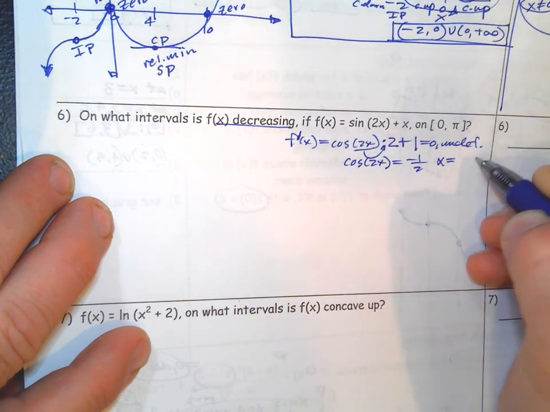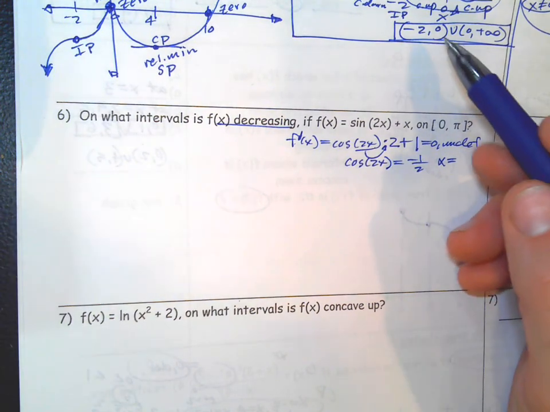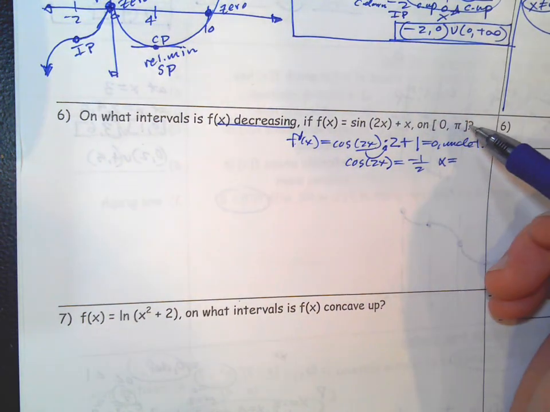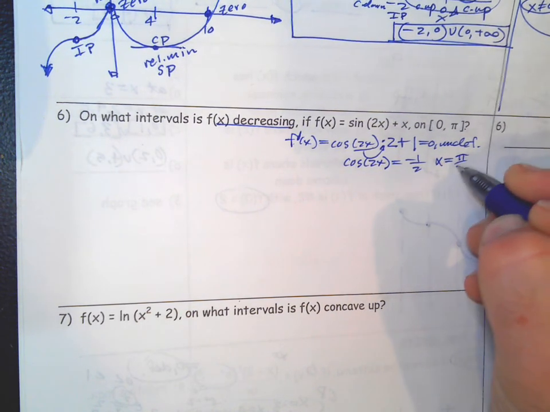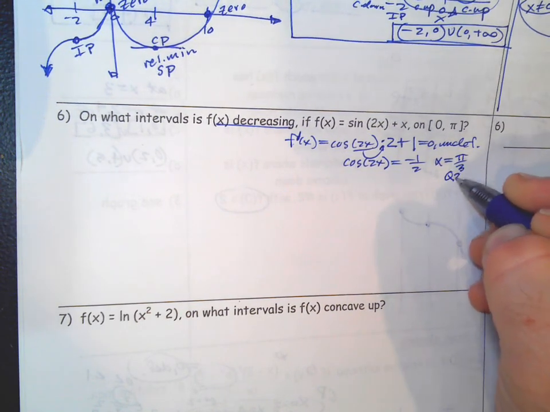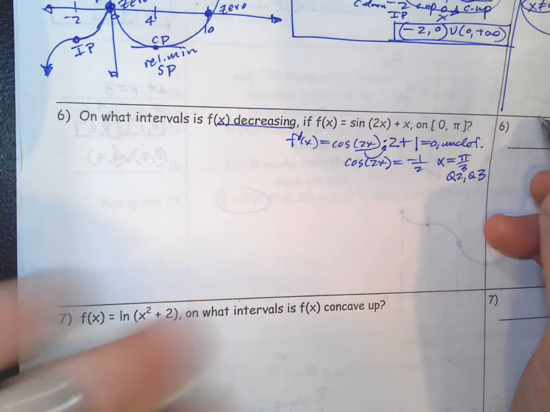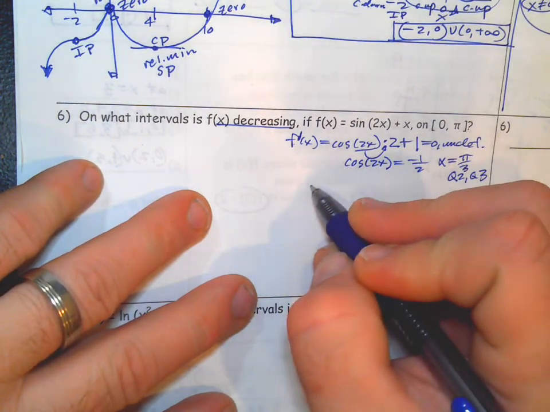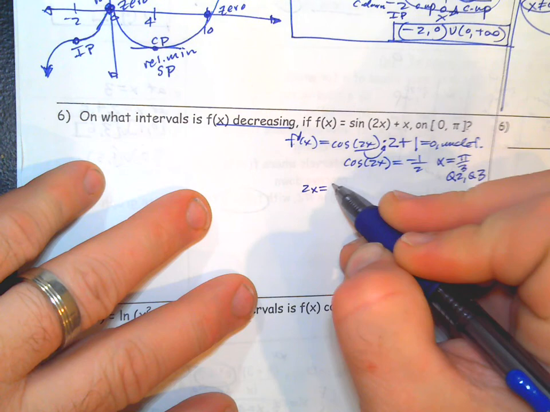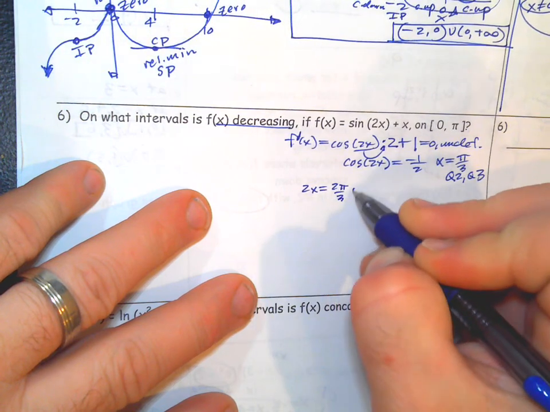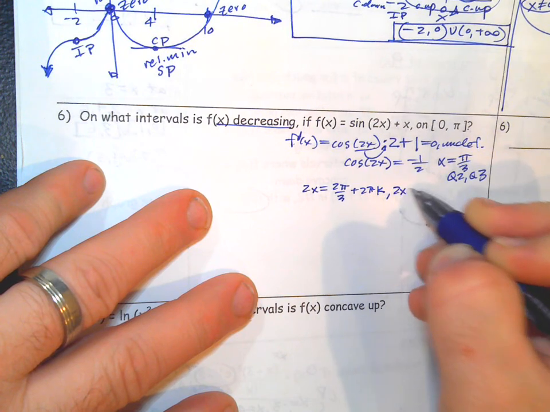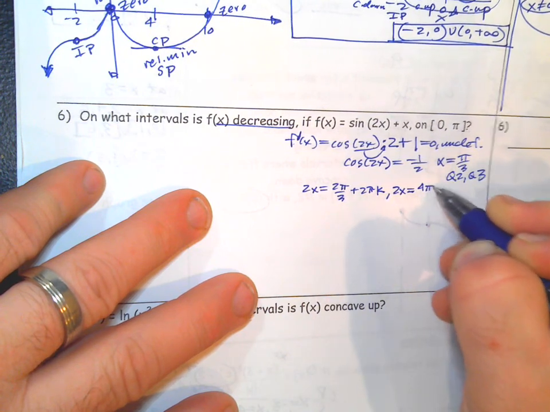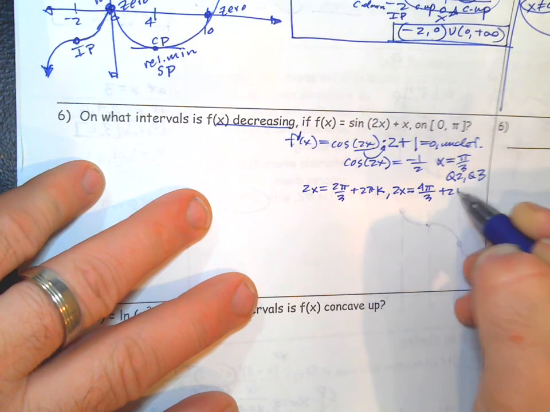Alpha equals, cosine starts at 1, root 3 over 2, root 2 over 2, 1/2. So it's reference angle 0, pi over 6, pi over 4, pi over 3. Quadrants 2 and 3 is where it's negative. So 2x equals, quadrant 2 would be 2 pi over 3 plus 2 pi k. And quadrant 3 would be 2x equals 4 pi over 3 plus 2 pi k.